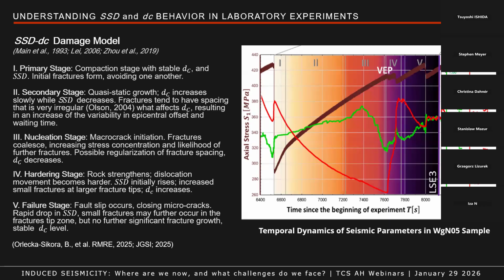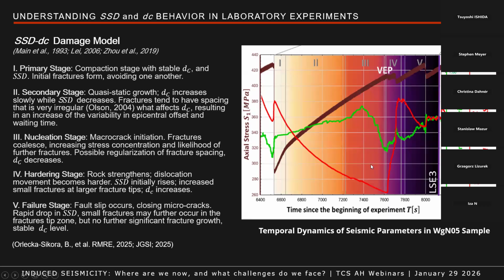Then we analyzed the different damage models which came from laboratory experiments, and we matched the model and the behavior of SSD and DC, and we proposed the behavior of these two parameters related to a particular stage of the damage model.